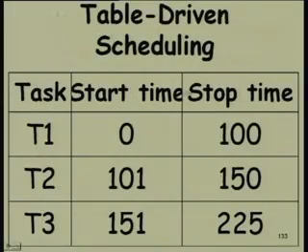So, table driven scheduling stores a table, as we said. The table contains the schedule. So, if you have 3 tasks, task T1 will start at time 0 and it will be stopped at 100. T2 will start at 101, and continue till 150. T3 starts at 151 and stops at 225.